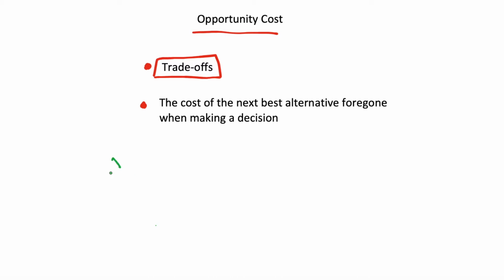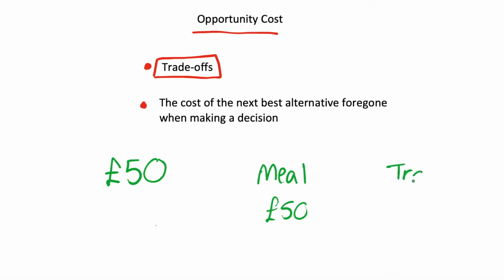Let's imagine that we are a consumer who has £50 and that we only have two options to choose from. With this £50, we can buy a nice meal that costs £50, or we can go and visit a friend, and we're going to have to spend £50 on a train ticket.